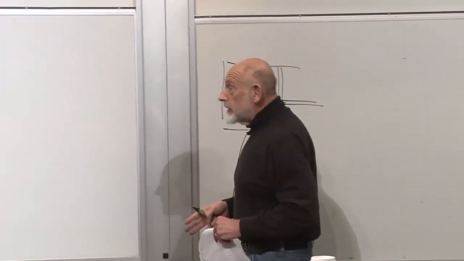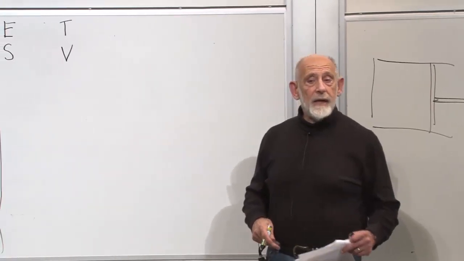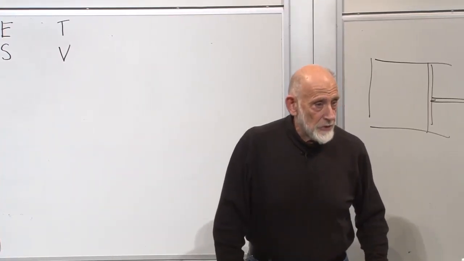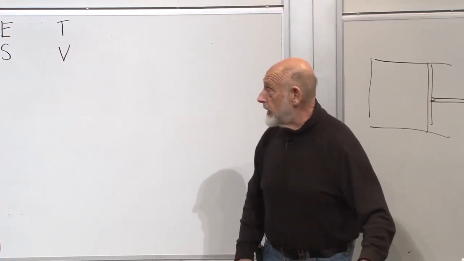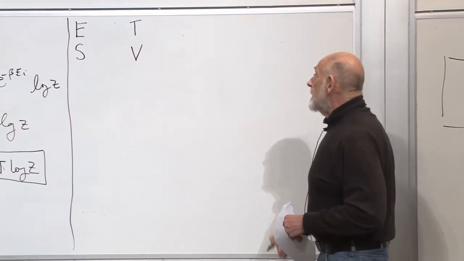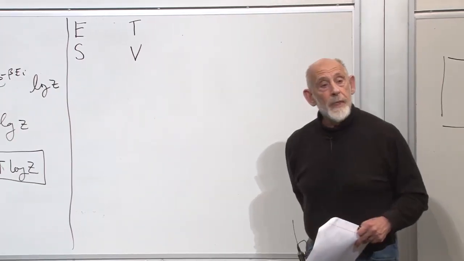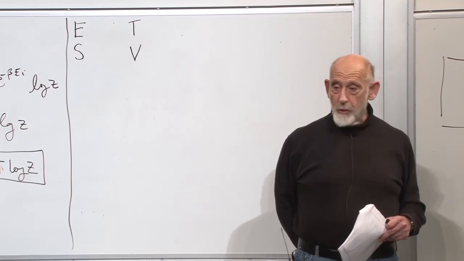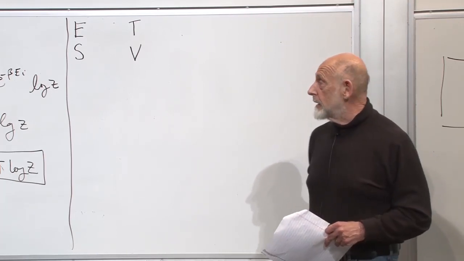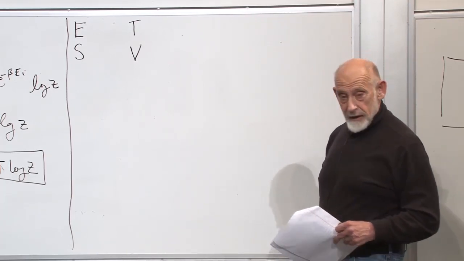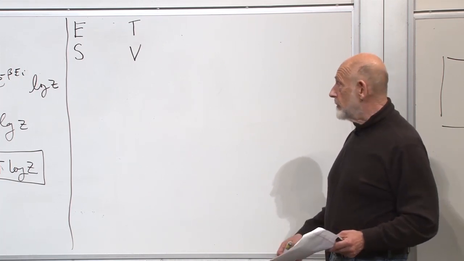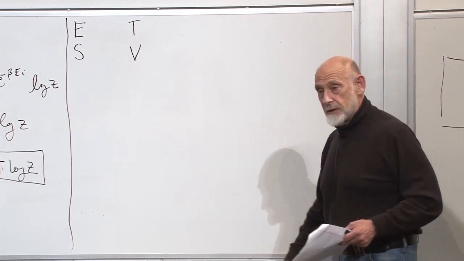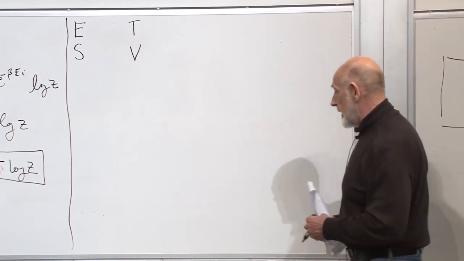So those are independent variables, and given the nature of the system, given the nature of the gas, whatever it happens to be, given the temperature and the volume, the dependent variables, the ones that if you knew enough you could calculate, would be the energy and the entropy. Those are the things that we're interested in.